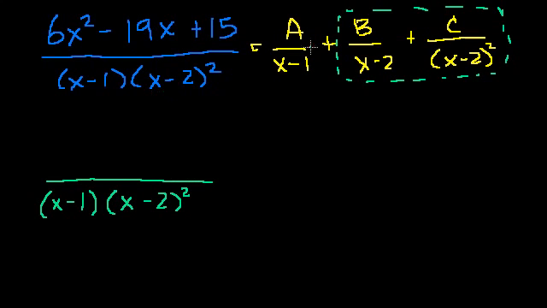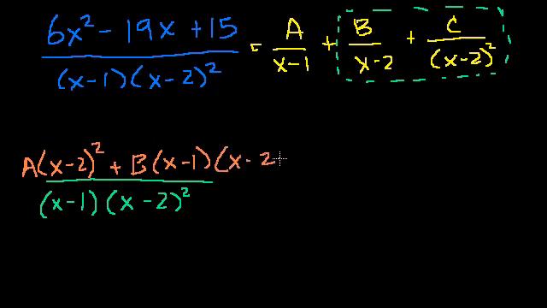And the numerator is going to be, let me do it in a different color, a times x minus 2 squared, right? If we cancel these out, you're just left with a over x minus 1, plus b times x minus 1 times x minus 2, right? If we cancel out the x minus 1s and one of these x minus 2s from down here, then you're just left with b over x minus 2, plus c times x minus 1.